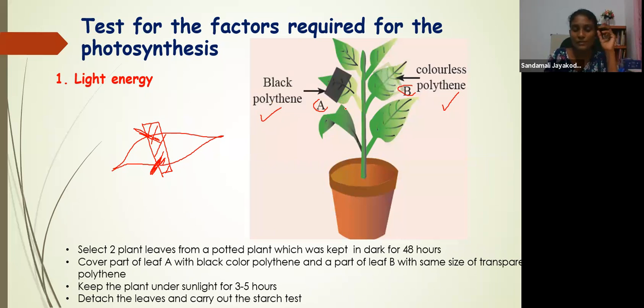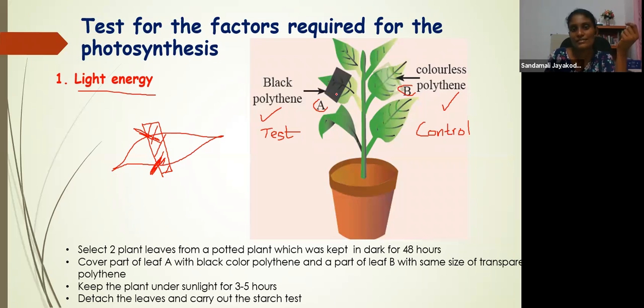So normally when we are doing a scientific experiment, we are doing the test with the presence of a control. Control is having the same conditions as the test, but without the factor we are going to test.